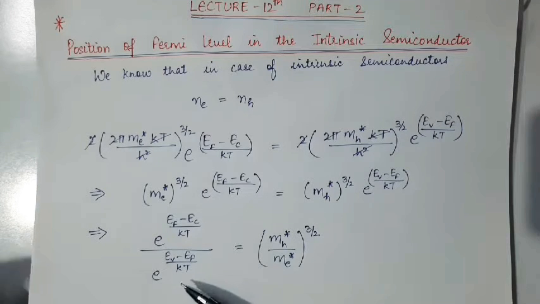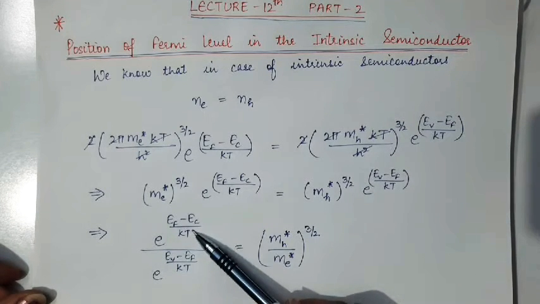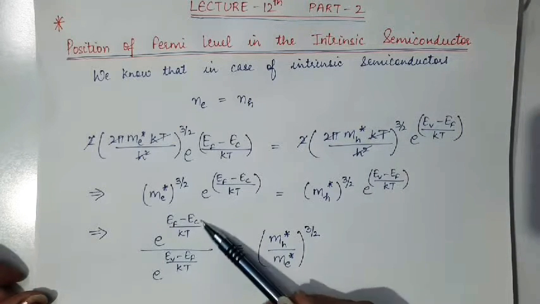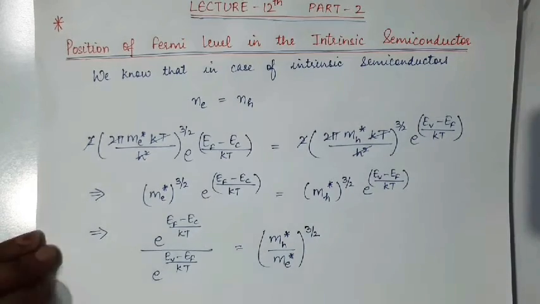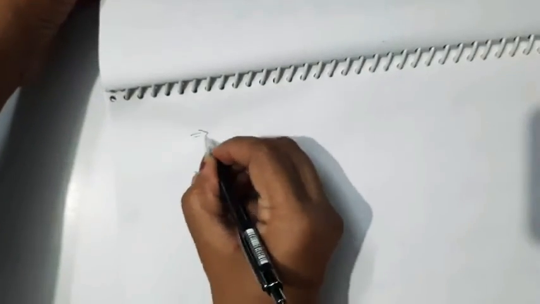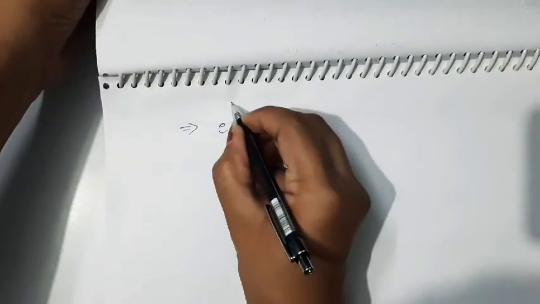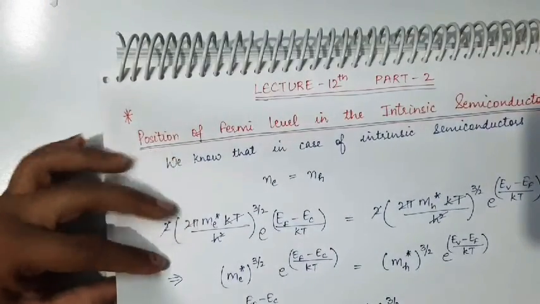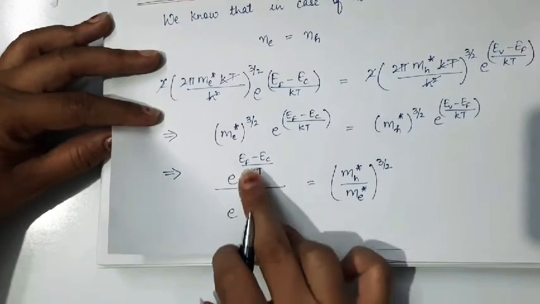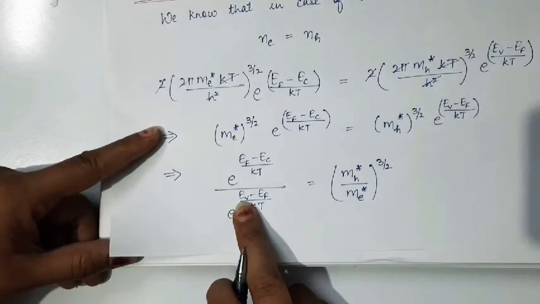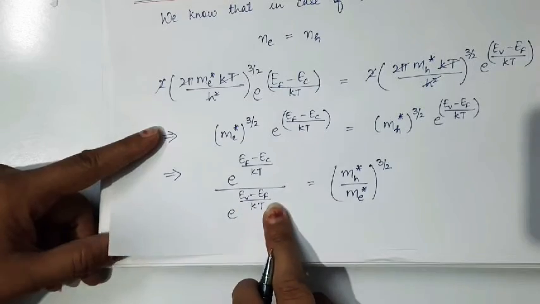After this, move this to the numerator, the base is the same and they are in division, so the powers will be subtracted, and what we will get is e raised to power EF minus EC by KT. This term will be subtracted from this, so the signs change. So EV will become negative and EF will become positive.